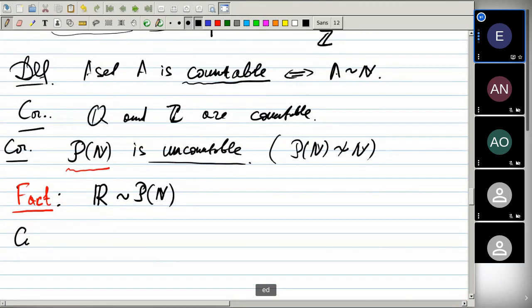So as a corollary, I hope you haven't yet forgotten it, for every set A, its power set is equivalent to 2 to the power A. Do you remember? Yes. So as a corollary, the set of all real numbers is equivalent to this set.